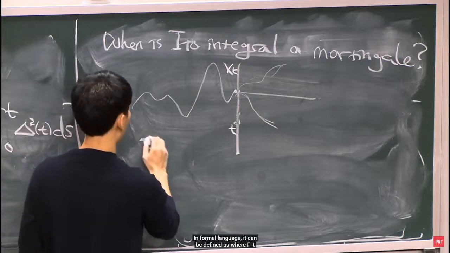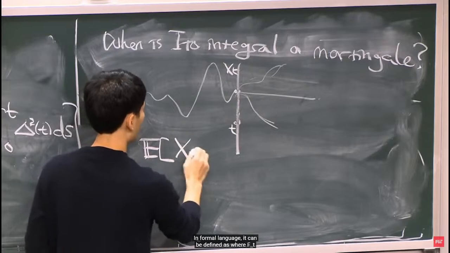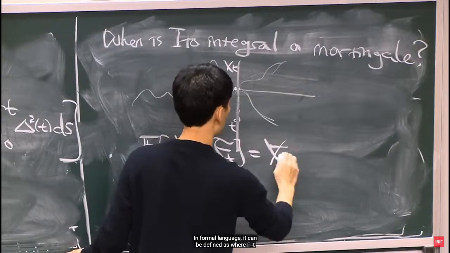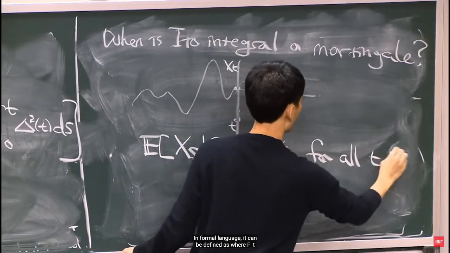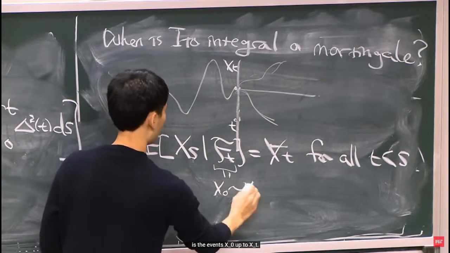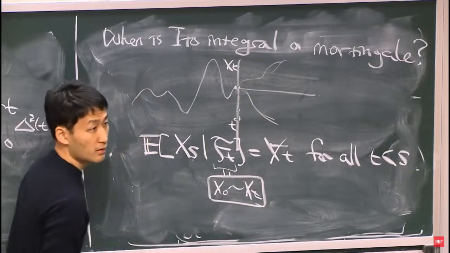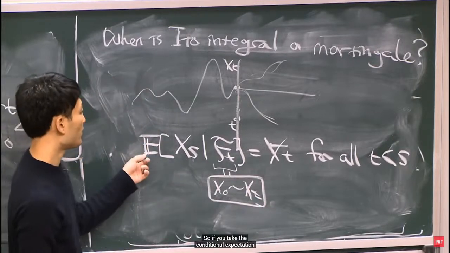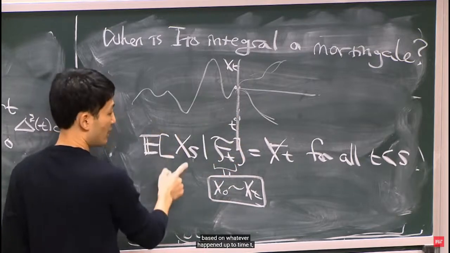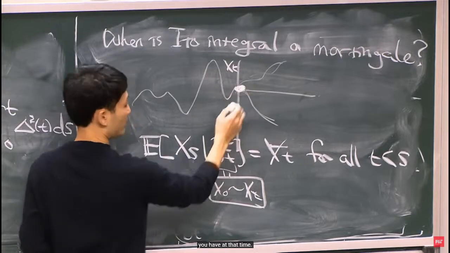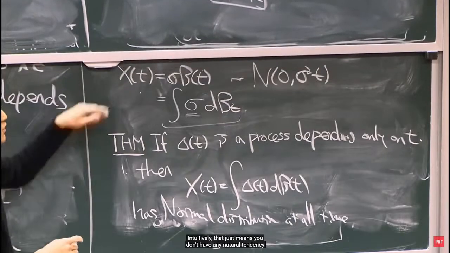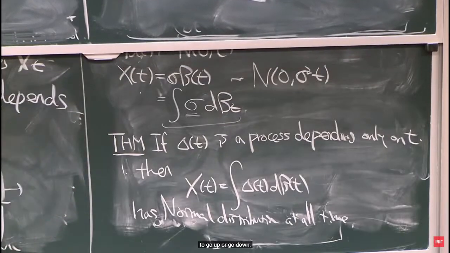In formal language, it can be defined as where Ft is the events X0 up to Xt. So if you take the conditional expectation based on whatever happened up to time t, that expectation will just be whatever value you have at that time. Intuitively, that just means you don't have any natural tendency to go up or go down.